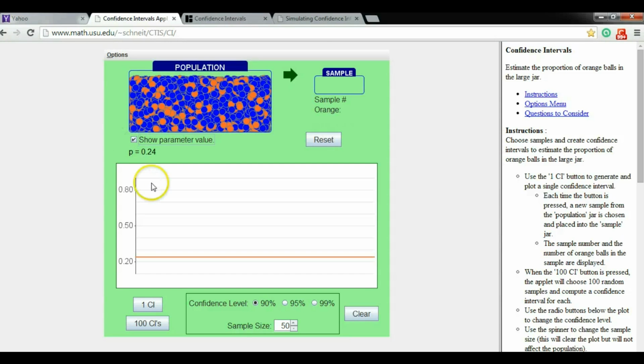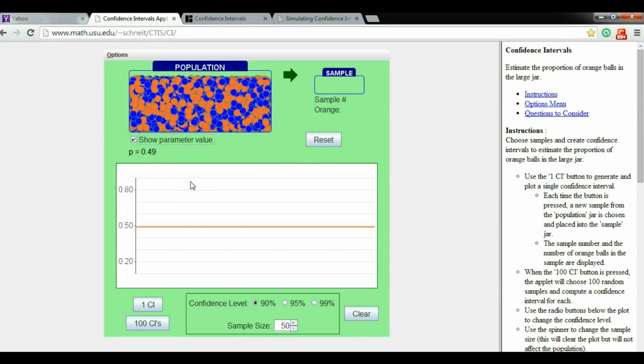All right, so we have an applet here, and in our applet we have some marbles, and we're looking at the orange marbles. So the proportion of orange marbles in our applet is 49%, and we're going to do a 90% confidence interval with a sample size of 50.